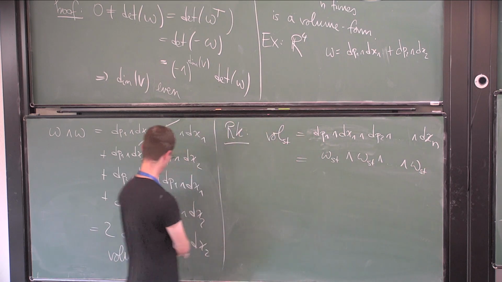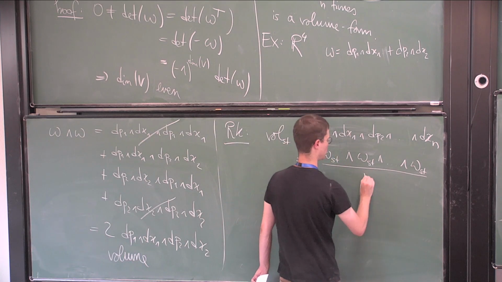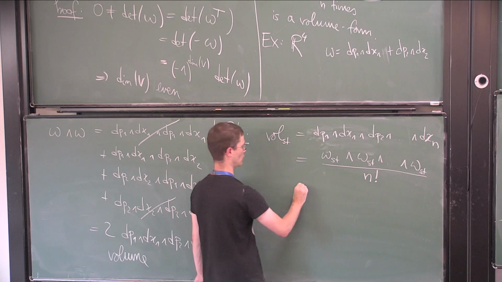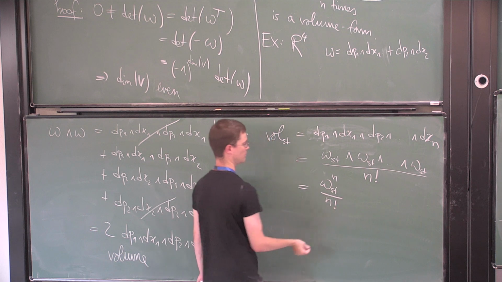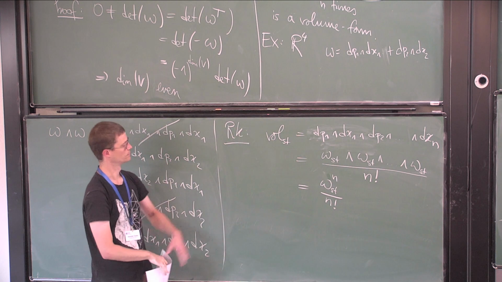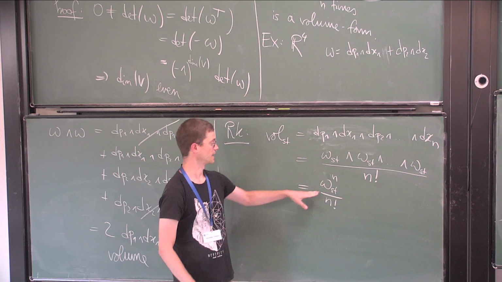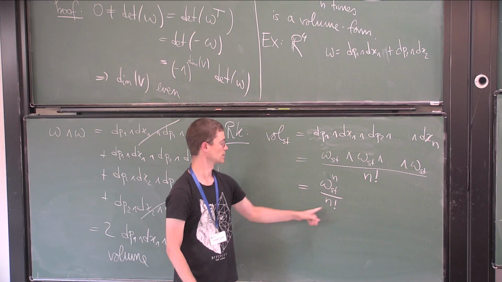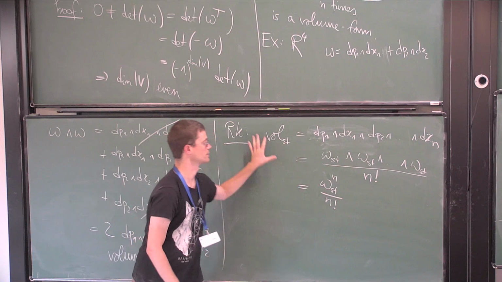But when you do this, as we see, you get a factor. In general, the factor will be n factorial. Very often people just write it like this, maybe sometimes with a wedge here. So taking the symplectic form to the power of n, with this kind of factor, is what we use to get the standard volume form. In general, you get this volume.